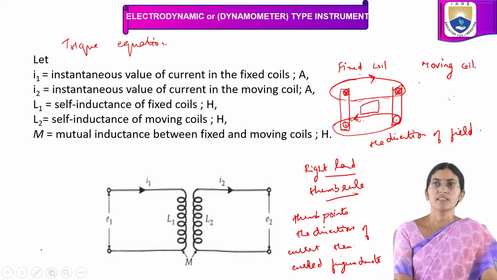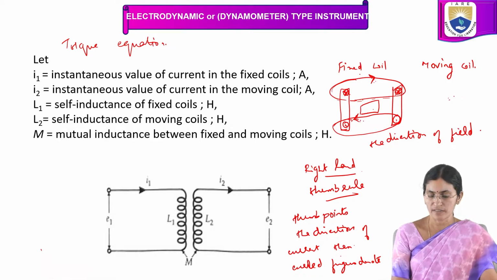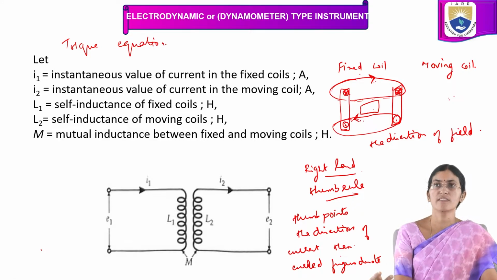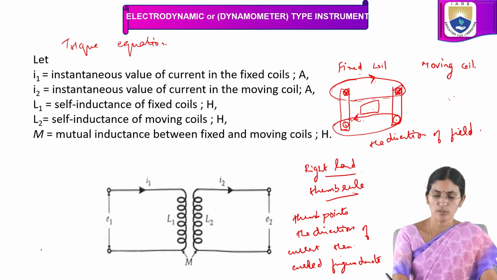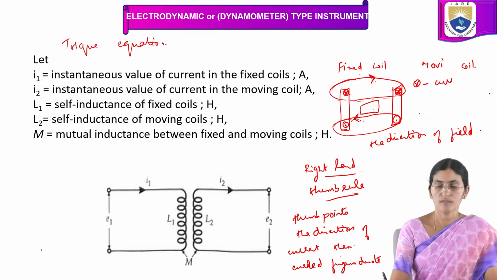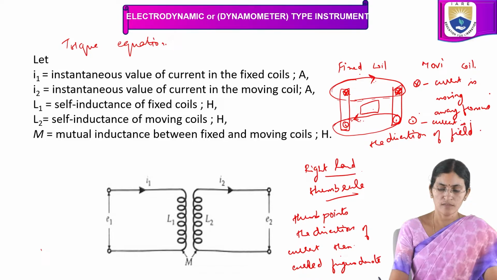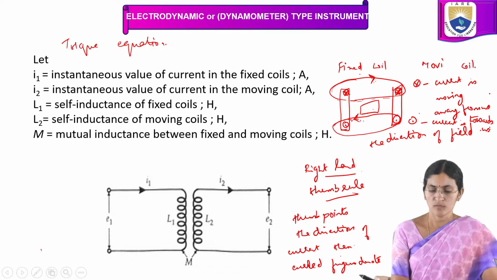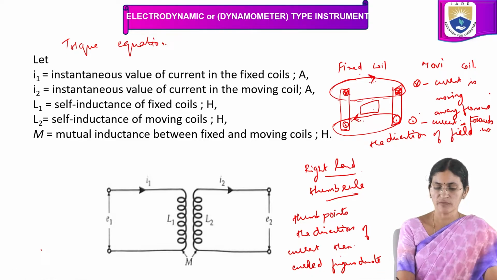Cross denotes that the current is moving away from you, and dot means the current is towards us. With this we can find out the direction of the magnetic field.